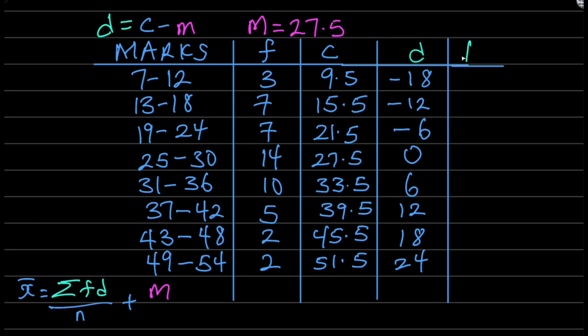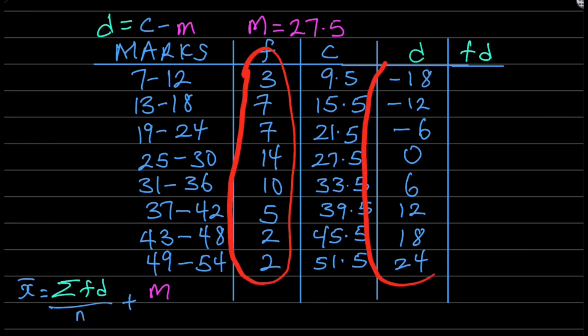And FD simply means F times D. So you're multiplying all the F's by all the D's.